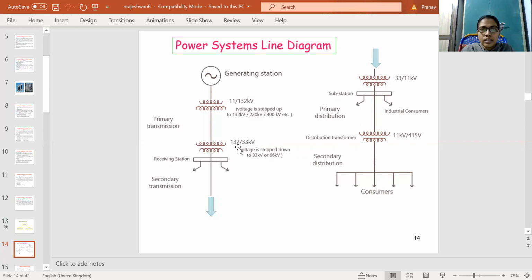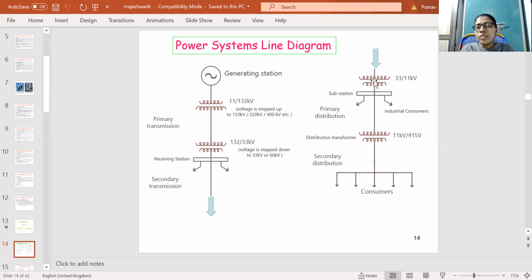Again in this, the 132 by 33 kV transformer will step down the 132 kV voltage to 33 kV and supply it to the next substation, that is primary distribution. Here the 33 kV line is supplied to this transformer. This is again a step down transformer.